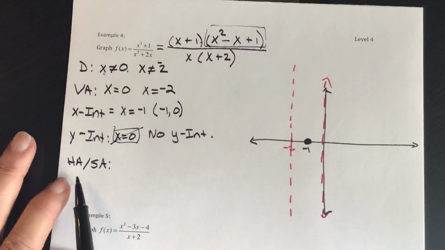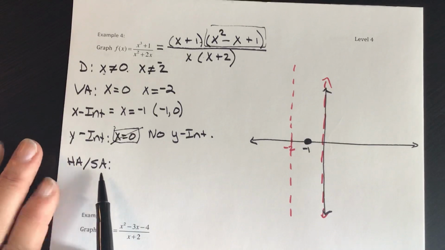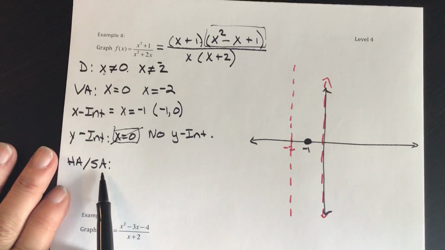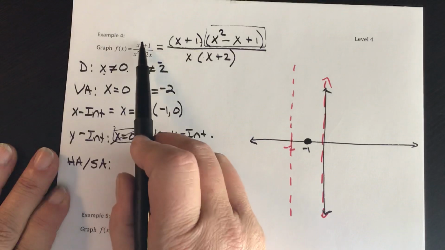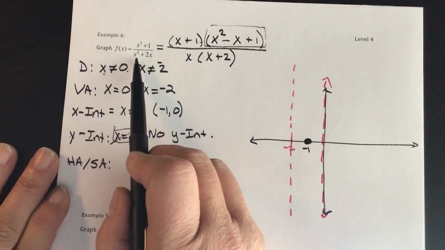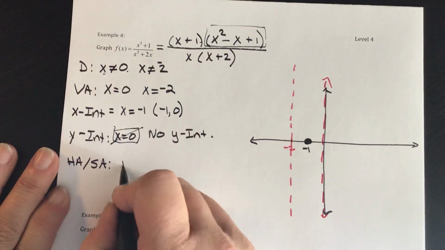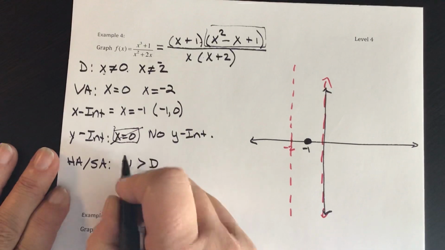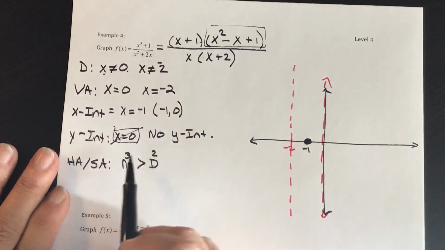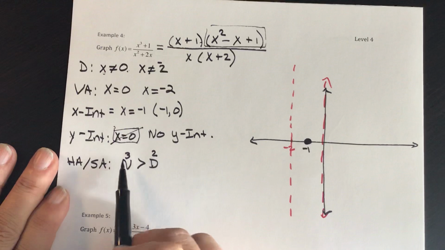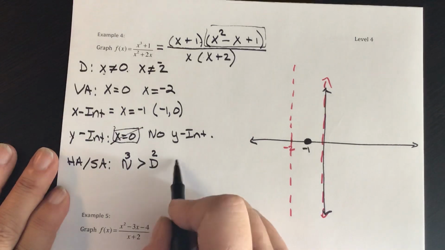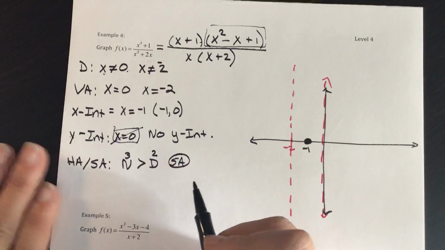Speaking of horizontal and slant asymptotes, let's compare our numerator and denominator degrees. So my numerator is greater than my denominator. This is 3, this is 2, and it's greater than my denominator by 1, which means I'm going to have a slant asymptote.